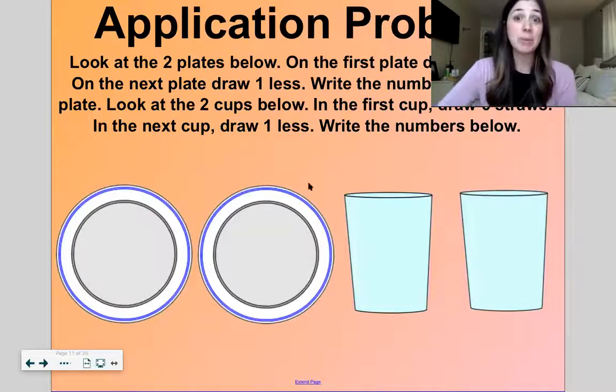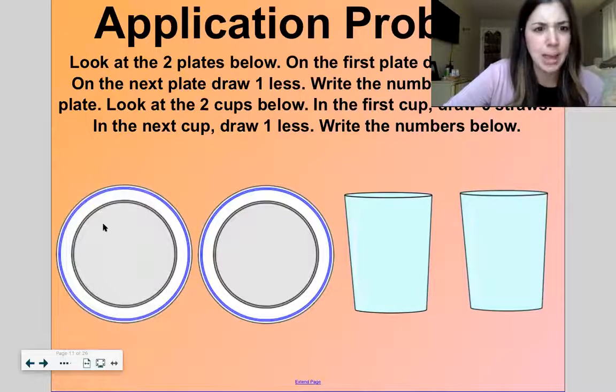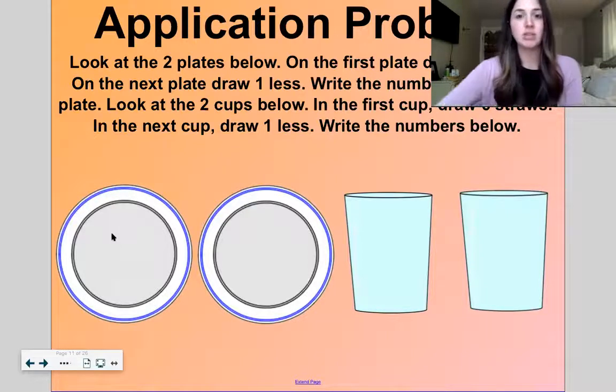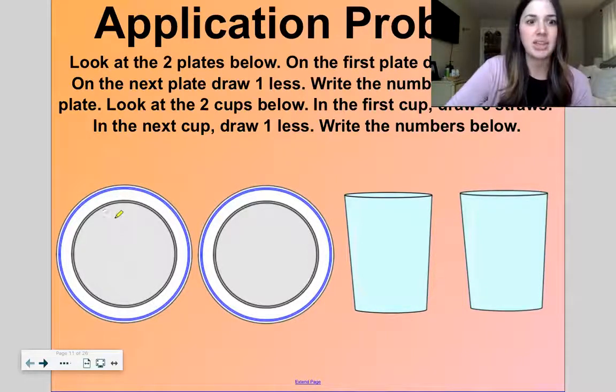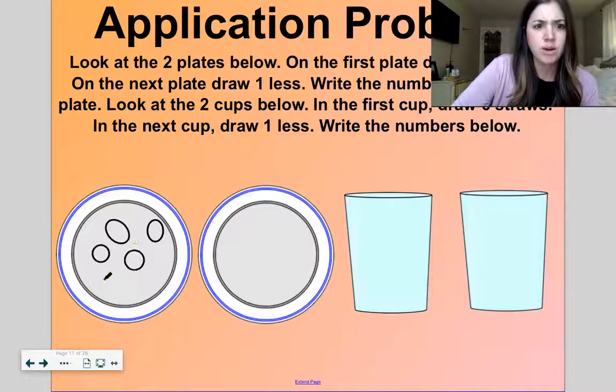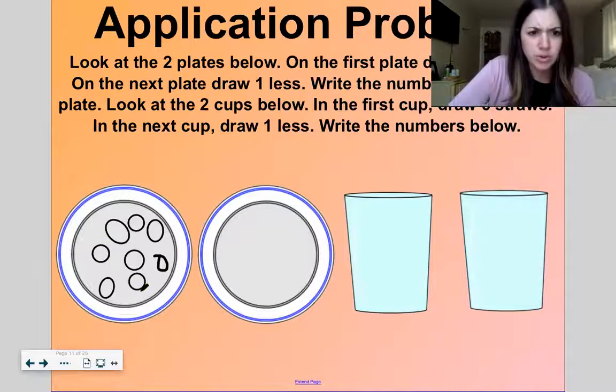Okay, now let's get to our application problem. Look at these two plates. On the first plate, let's draw some grapes. Okay, let's draw some shapes. 1, 2, 3, 4, 5, 6, 7, 8. Oh, that one looks a little silly, but that's okay. Let's make sure. 1, 2, 3, 4, 5, 6, 7, 8.